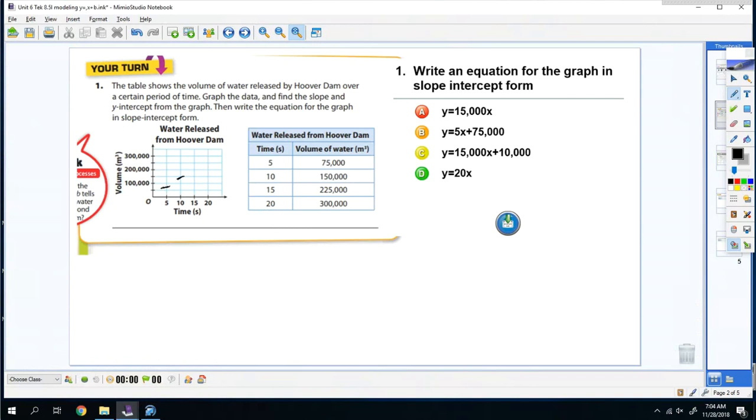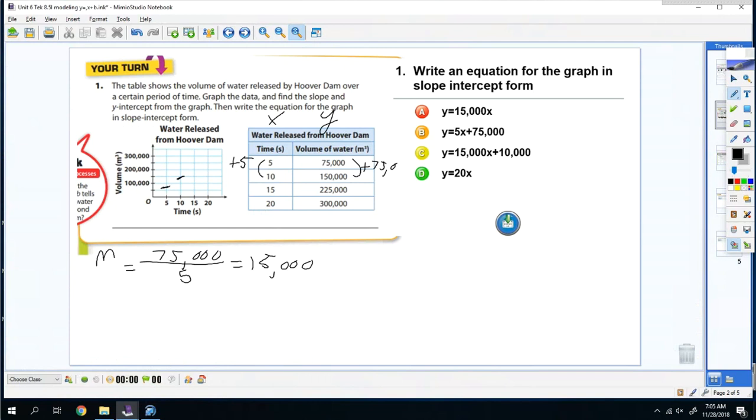So we're going to find our slope from the table. This is x, this is y. The change between x is positive 5, and the change between y is positive 75,000. So m would be 75,000 over 5, which equals 15,000.